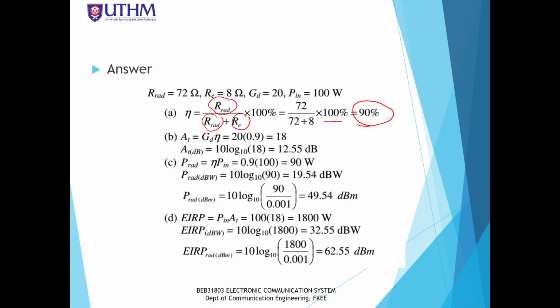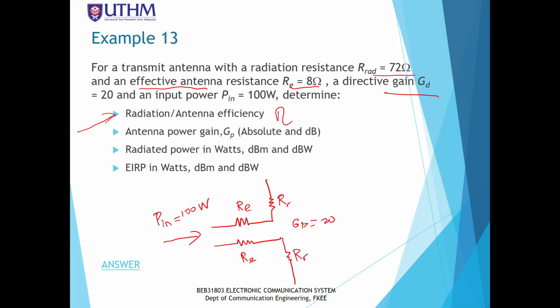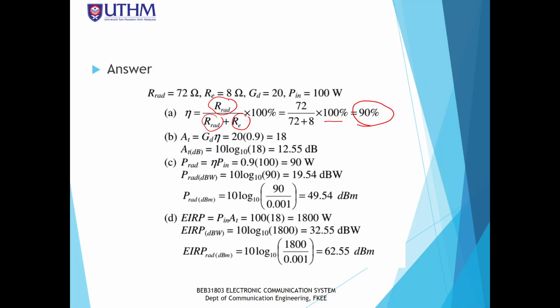Very good, 90% efficiency. The next question asks, how much is the power gain? Power gain we can find based on the efficiency multiplied with directivity gain. So this is GP. Don't be confused. Power gain is equal to directivity gain multiplied with efficiency.